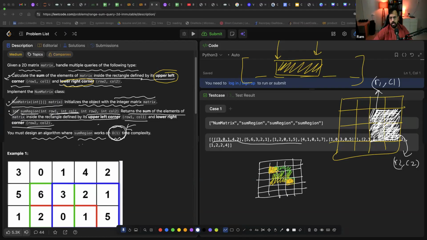The naive or brute force way, a linear solution, will be that if you are given row 1 column 1, you start writing a loop, you go from row 1 to row 2, column 1 to column 2, and find the sum of all the numbers. But we want to do it in constant time. Has everyone understood the problem and the challenge, and is able to relate it to the 1D version of the problem?